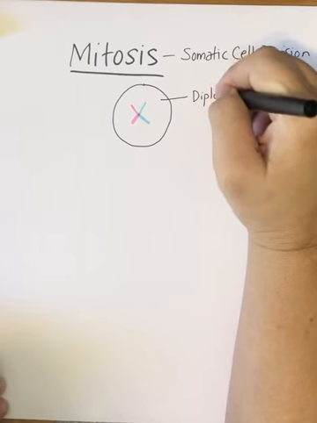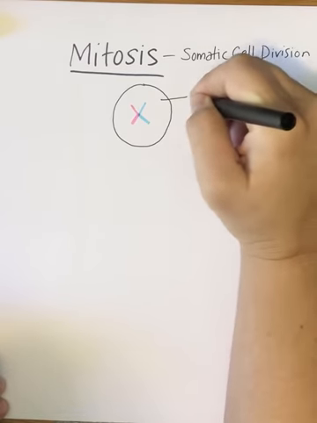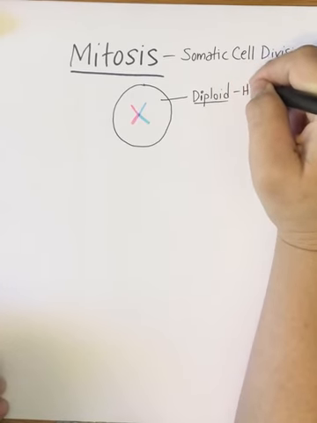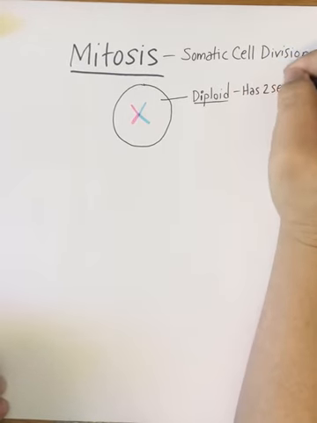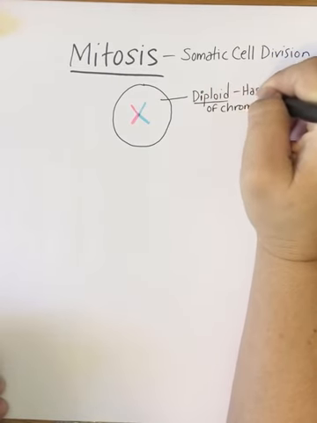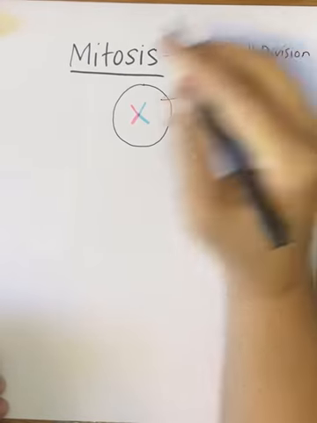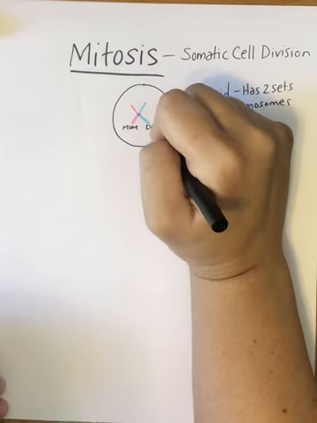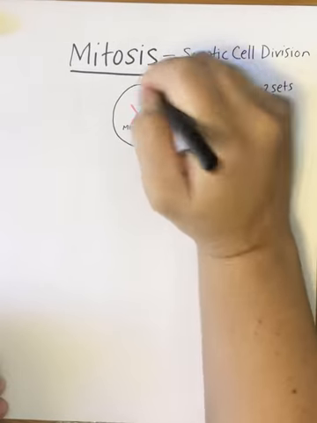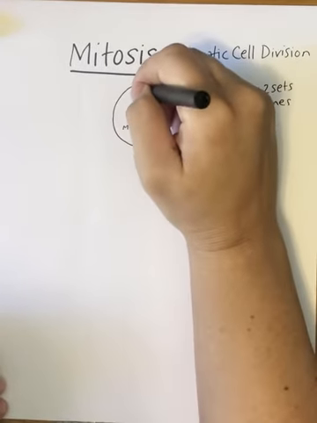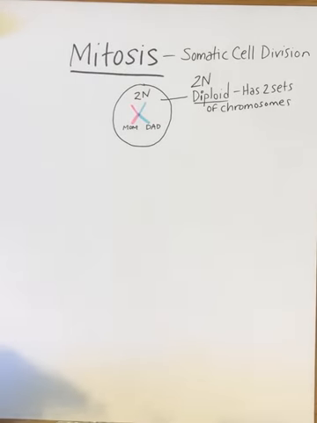When you say that something is a diploid cell, di means two, you're saying that it has two sets of chromosomes. Obviously, my two sets of chromosomes, one comes from my mother and one comes from my dad, so I am diploid. The way we write this in a cell is we literally just write 2N. So I am a 2N individual.